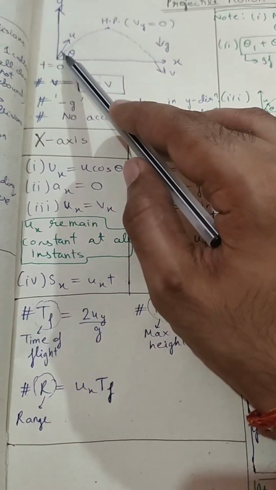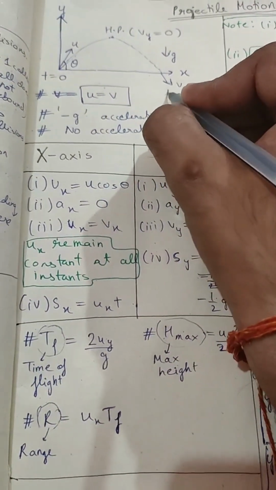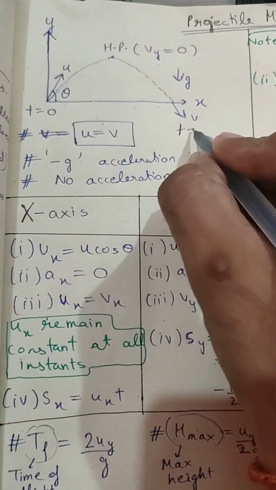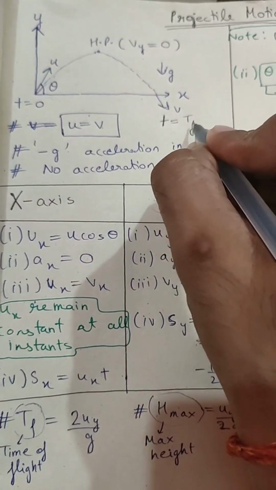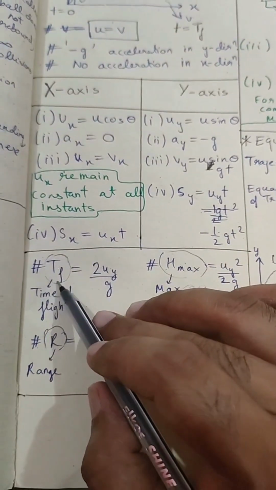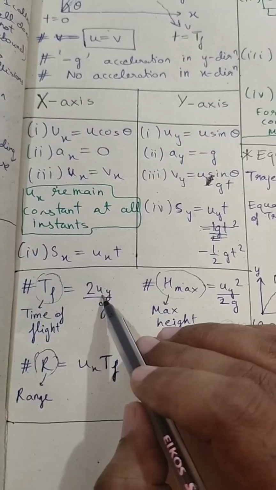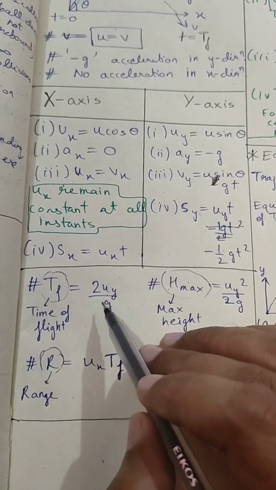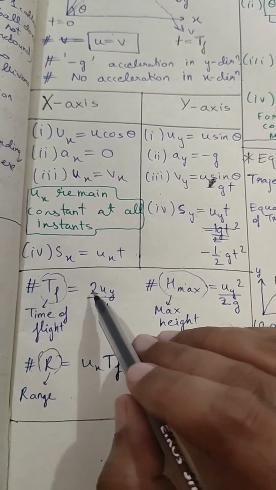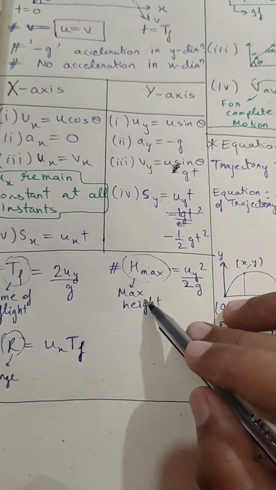So the journey from t equal to 0 to the point where it reaches the ground, t equal to tf, is the time of flight. The time of flight is equal to 2 times the y component of initial velocity upon g, that is 2uy by g.